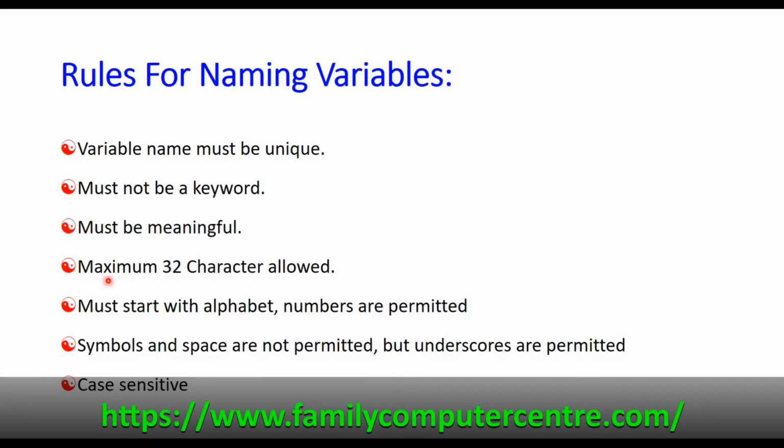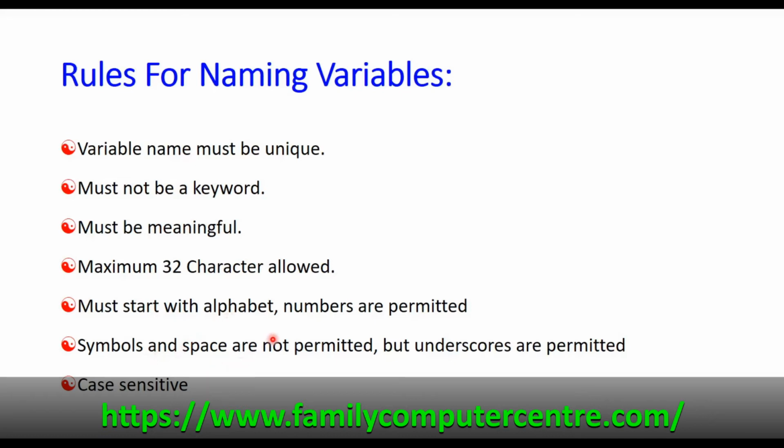When you are naming a variable, how many characters can you use? You can have a maximum of 32 characters. So you can have a variable with a one-character name, and you can even have a variable that is 32 characters long. You must begin with an English alphabet, and numbers are permitted but only after the alphabets. Symbols or spaces are not permitted.